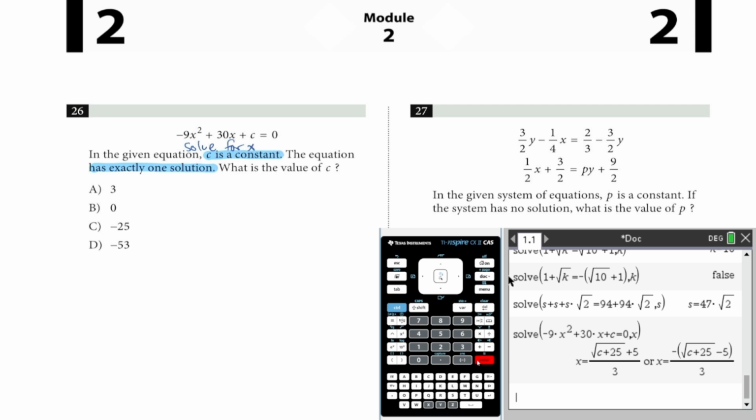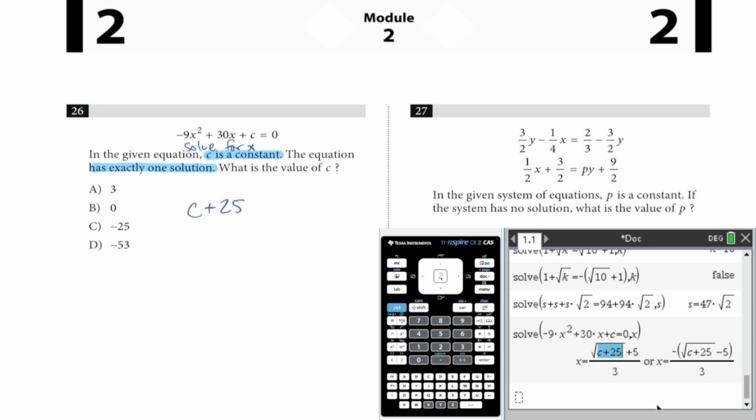And here we get a square root. If you get a square root when doing this, you are going to write down what is inside the square root. I'm just going to always do the first x that I see. So C plus 25 is what's inside the square root, the part that I've highlighted right there.